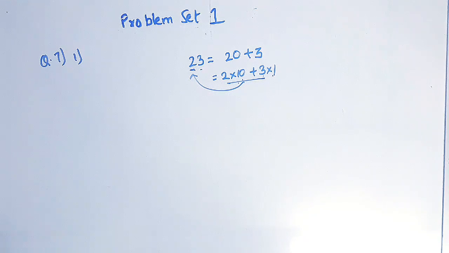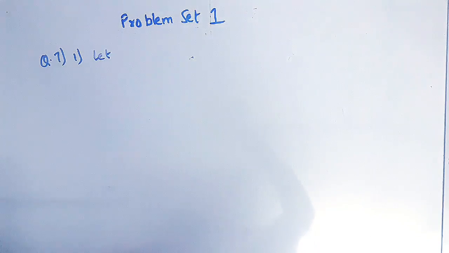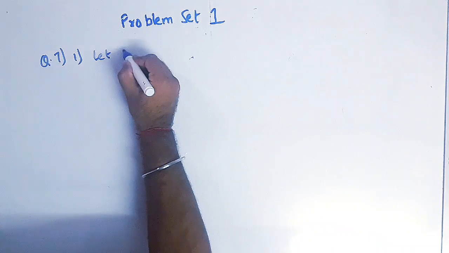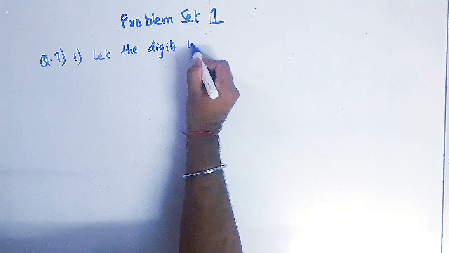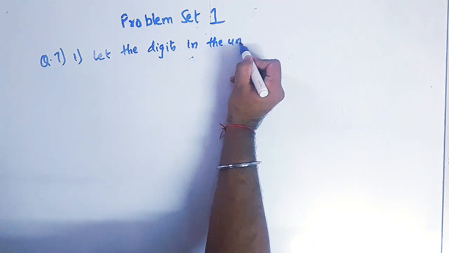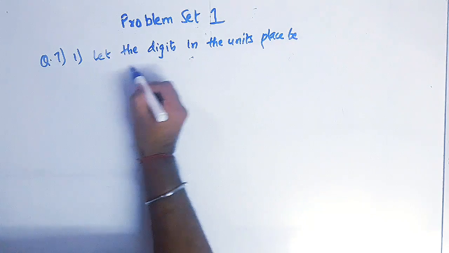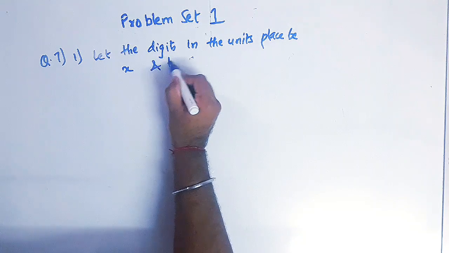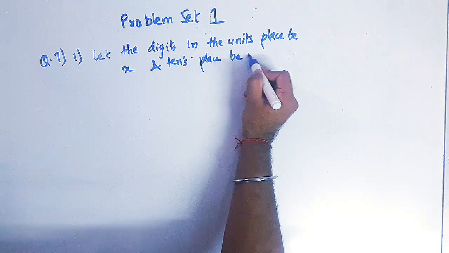So whenever you get a word problem which says a 2-digit number, we'll first take: let the digits in the units place be x and the tens place be y.